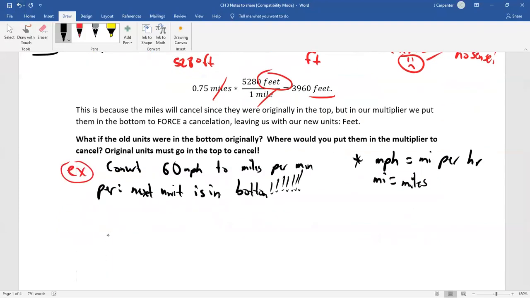We've got our 60 miles per hour. Now you can extend this fraction bar to include the 60 as well. It's up to you how you do it, whether with just the miles over the hours, or 60 miles on top of the hours. As long as the 60 is in the top. Do not do it this way. It's not miles over 60 hours. This would be wrong, wrong, wrong.